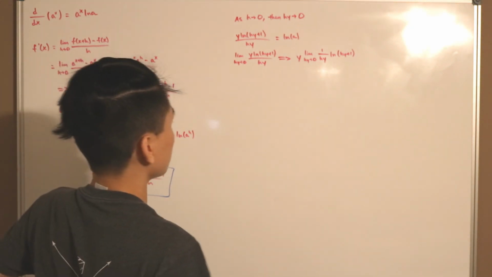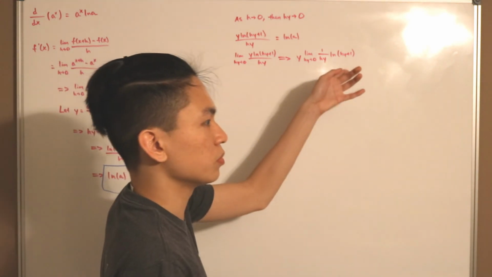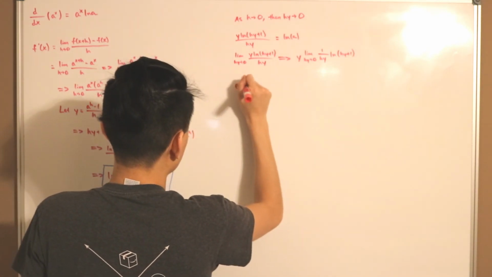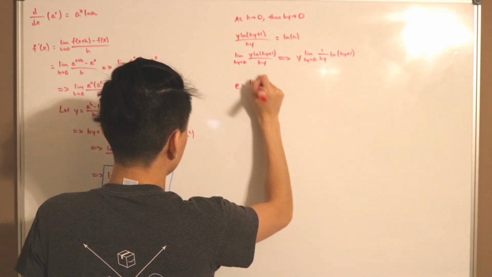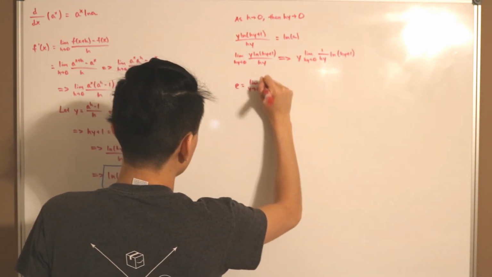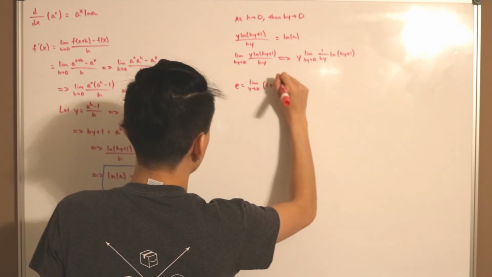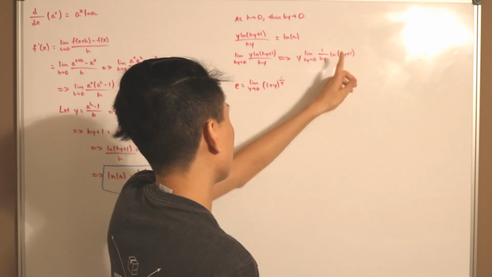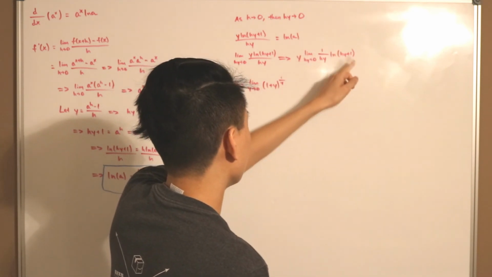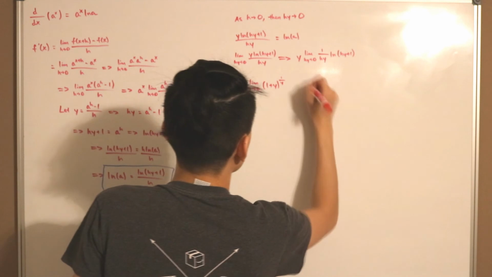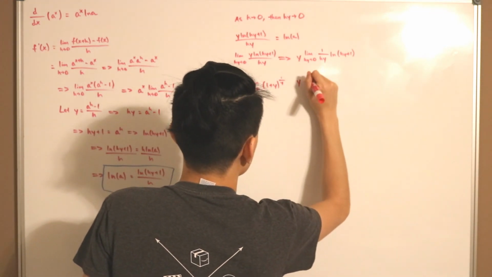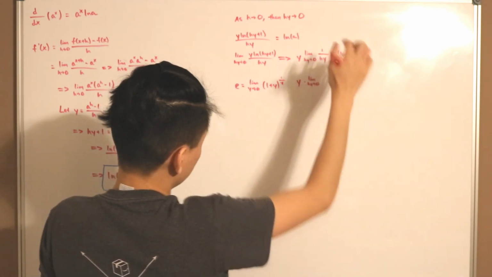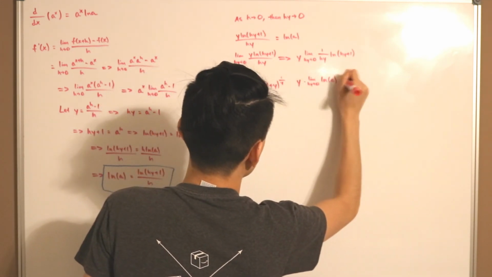This is very interesting because it is very similar to the method using Euler's constant. I'll reiterate: Euler's constant is defined as the limit as y approaches 0 of 1 plus y to the 1 over y. In terms of hy, we have the limit as hy approaches 0 of the natural log of 1 plus hy, so it's y times ln of e, which is equal to 1.